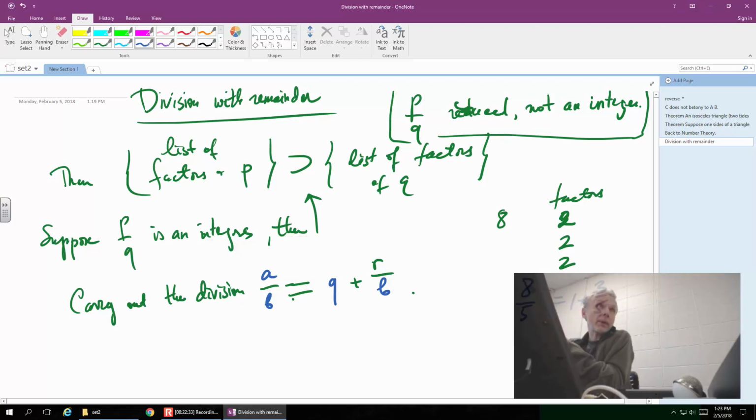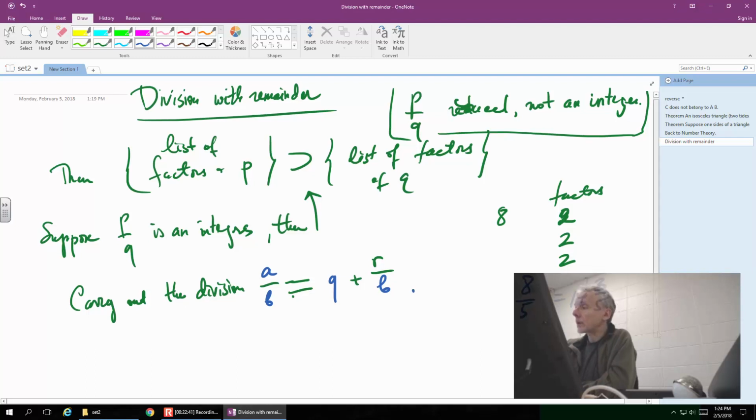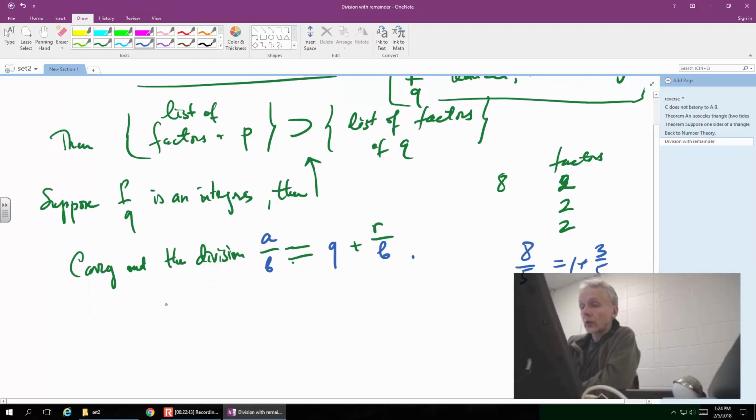Proper versus improper fractions, if you prefer that way. That is the point of why this might be necessary, but really we don't want to deal with fractions anymore. So what we do is we write it out as A is equal to QB plus R.